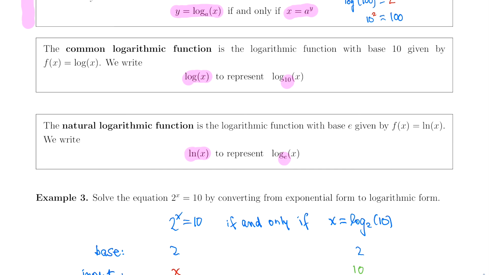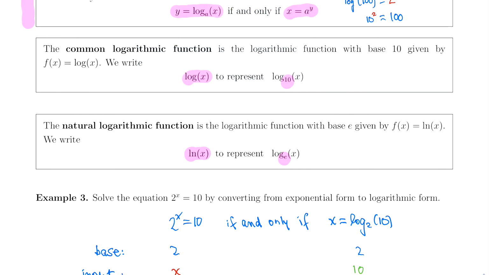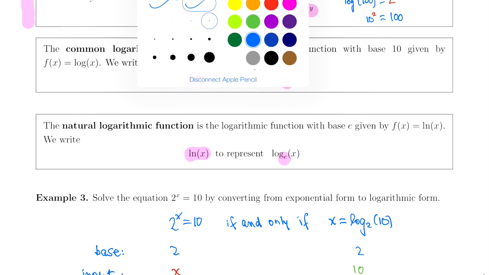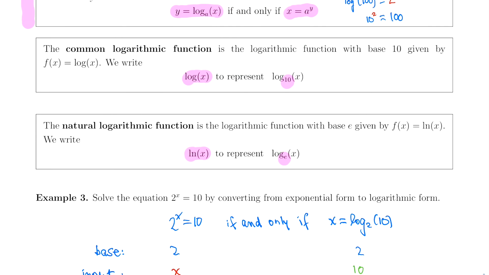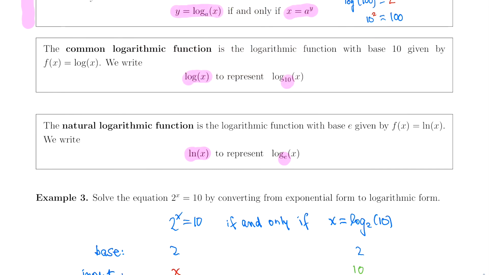So that is what we take the logarithm of. And on the other hand, the output for our exponential expression is 10, and for our logarithmic expression is x. So as you can see, they switch places. What it equals is exactly the opposite number, while the bases remain the same.